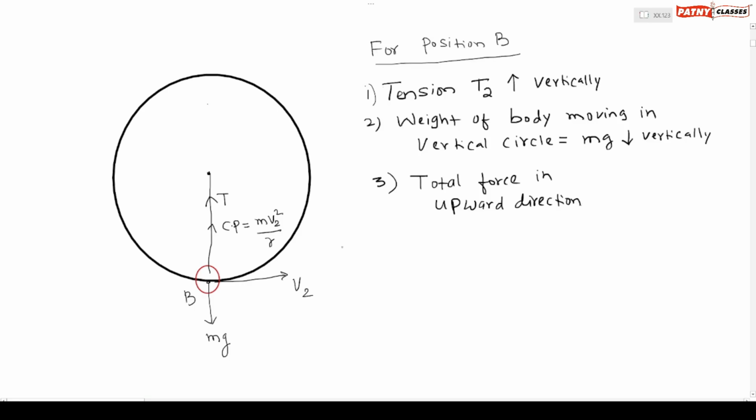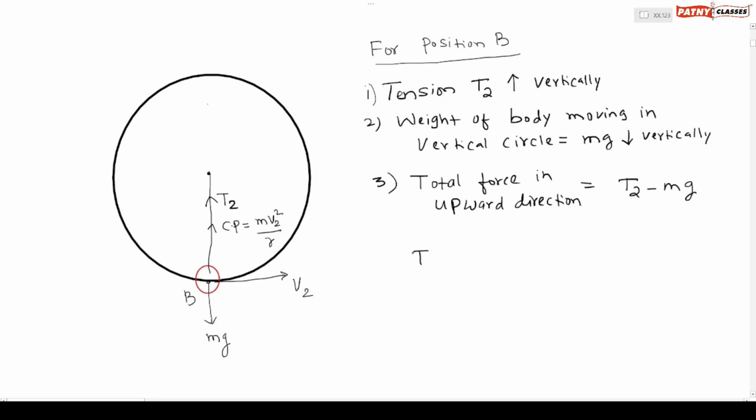So for position B, tension T2 is acting vertically upward. The weight of the body, the body whirling around the circle, is in the vertically downward direction, and therefore the total force in the upward direction is T2 minus mg.